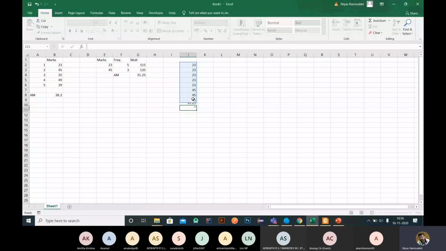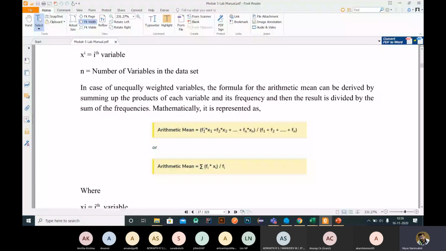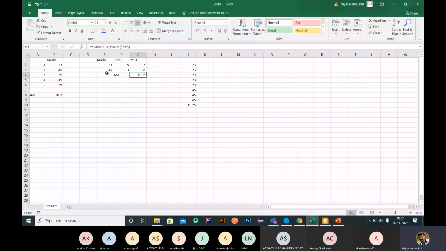Mathematically both are the same, but we get a different equation. If we have a frequency, we need to use this. It is an easier manner than doing it like this. So this is the arithmetic mean. I hope all of you know the basic arithmetic mean. It's clear, right?